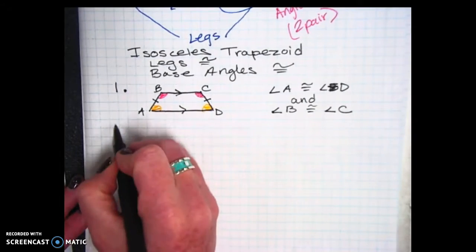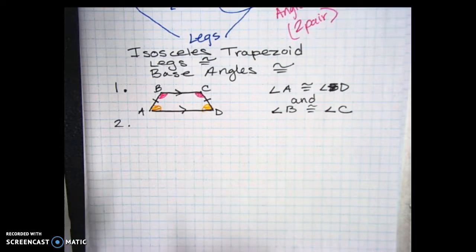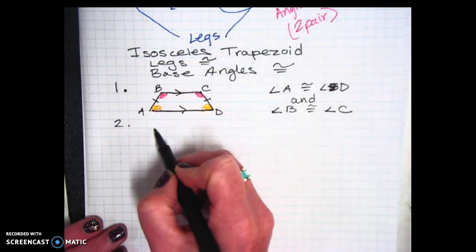Okay? All right, there's another theorem, theorem number 2. And here's what it says: if a trapezoid has one pair of congruent base angles, then the trapezoid is isosceles. Okay, so we're kind of turning theorem 1 around. It's almost the converse, not quite.